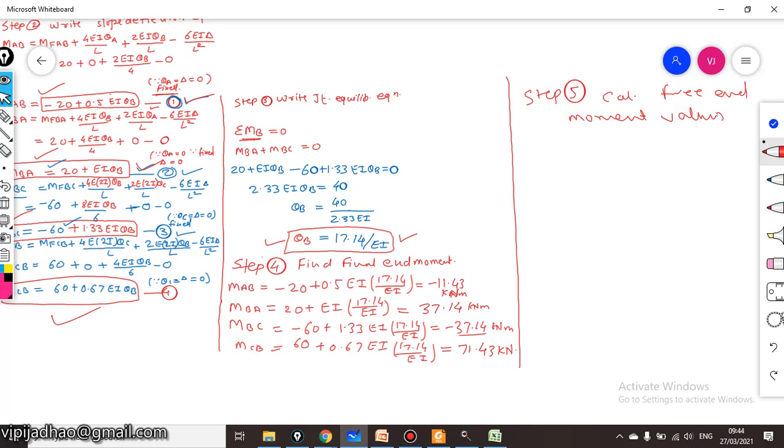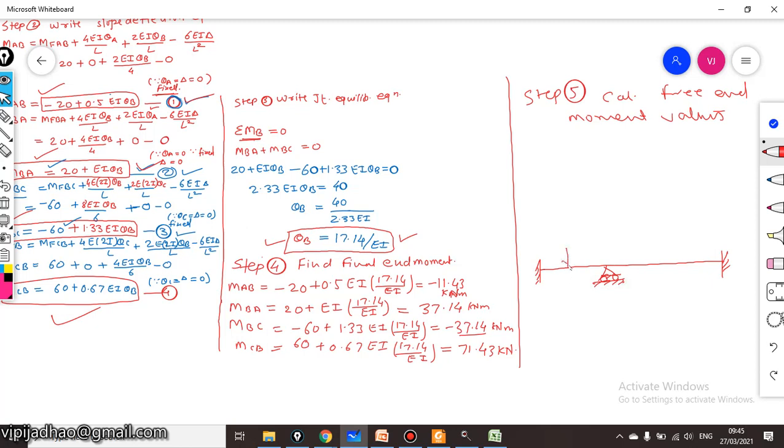Okay, so we have our continuous beam like this. This support C is fixed, and here we have a roller support.